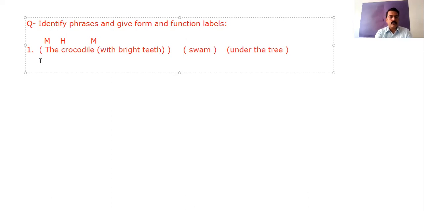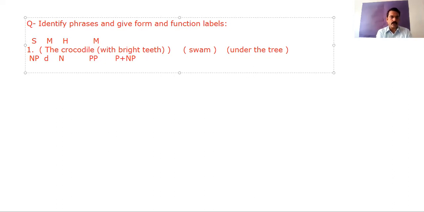Let us give the form labels. The is determiner, crocodile noun, and with bright teeth is PP. So PP is P plus NP, right? So this phrase is noun phrase, right? Noun phrase functioning as subject because it comes at the beginning, so it functions as subject.